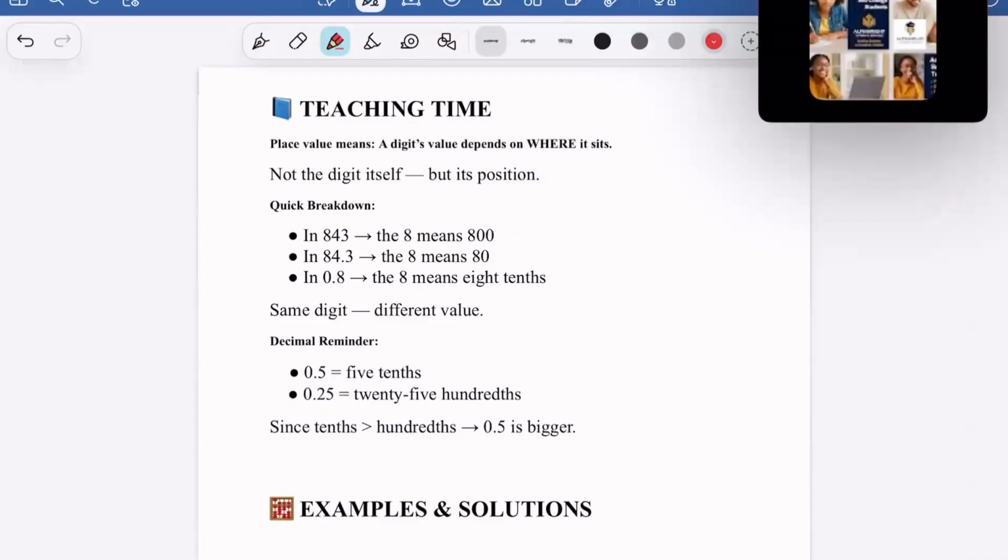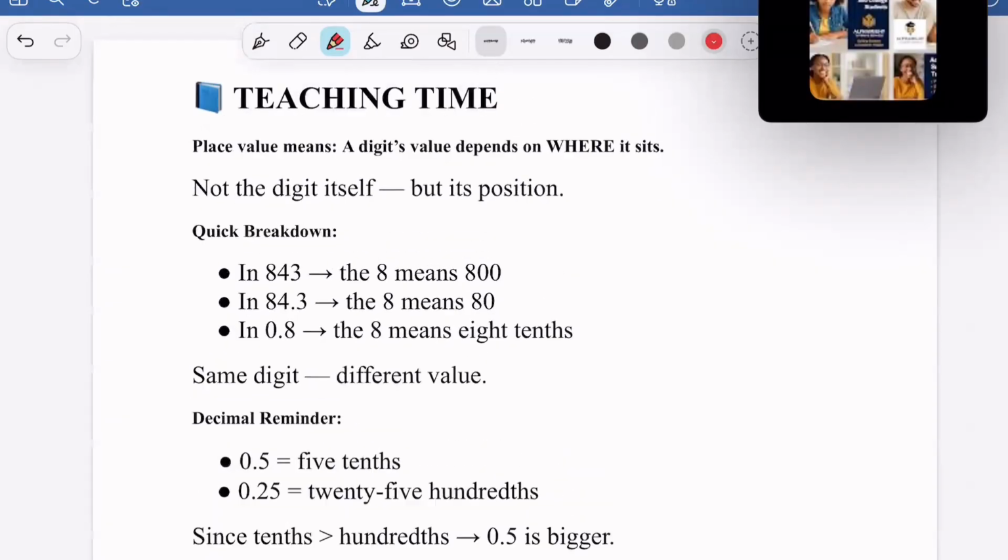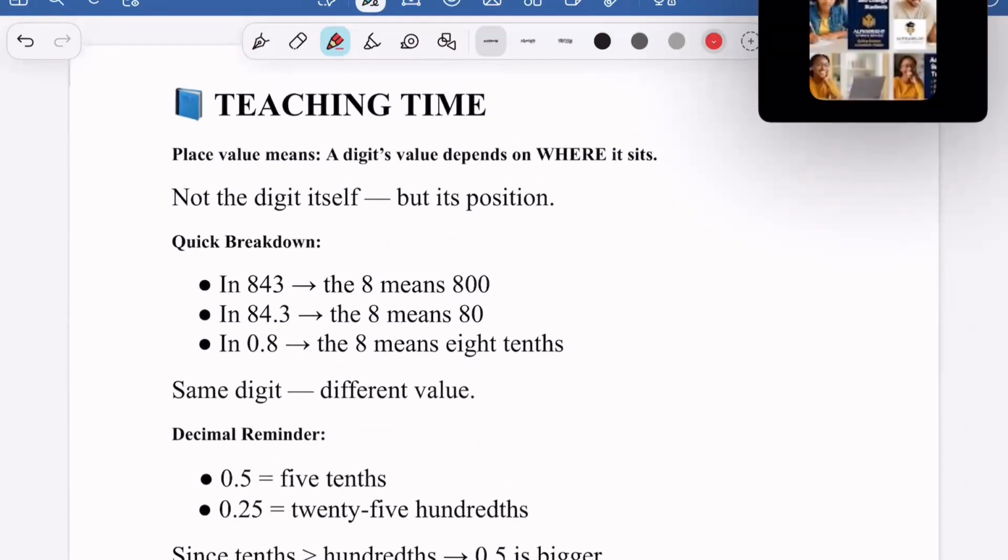All right, let's quickly go to teaching time and help students understand place value. A digit's value depends on where it sits. Not the digit itself, but where that digit sits, its position. Let's break down these three examples.